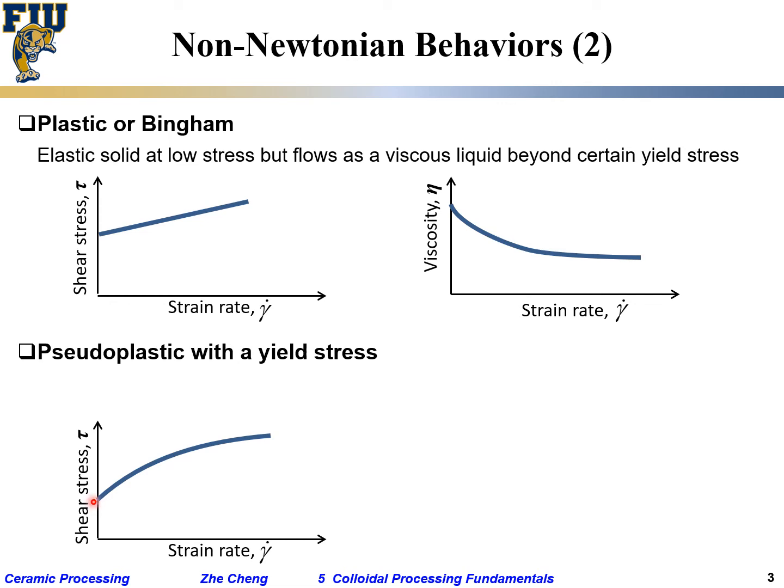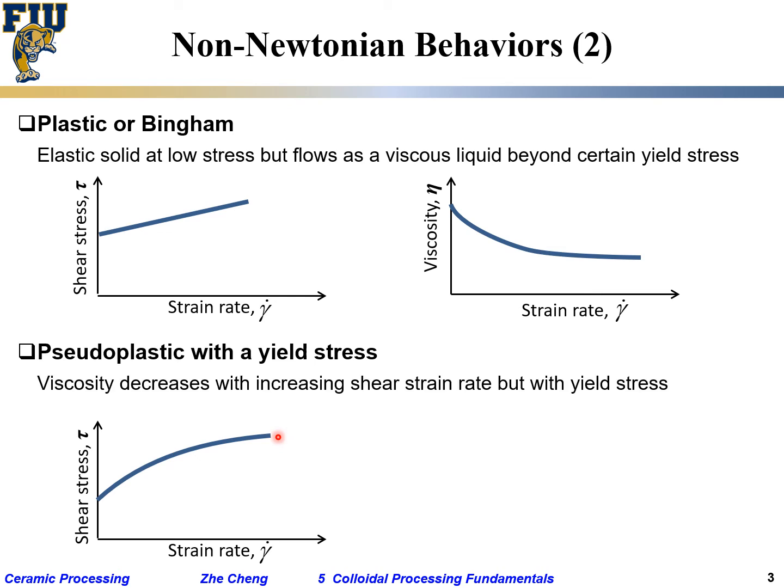But as you apply a stress level higher than this critical stress, which we call yield stress, then I have a finite viscosity, and that viscosity becomes lower with high strain rate. Viscosity decreases with increase in shearing rate, but with yield stress. Something like this. I have to change this part. These two you would also encounter in practical materials.